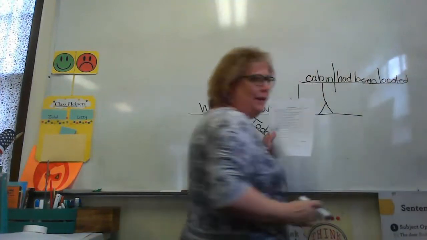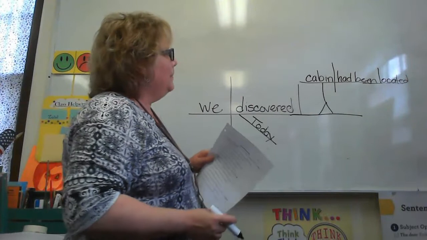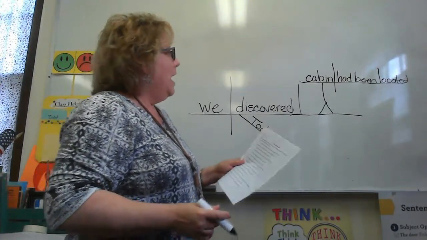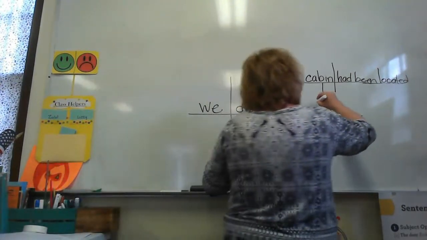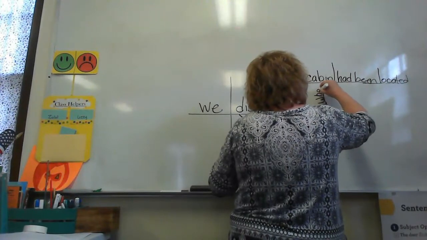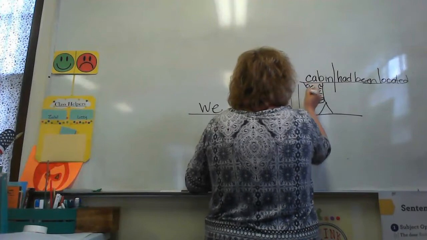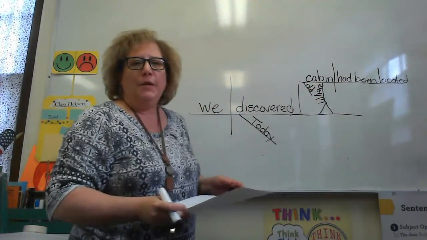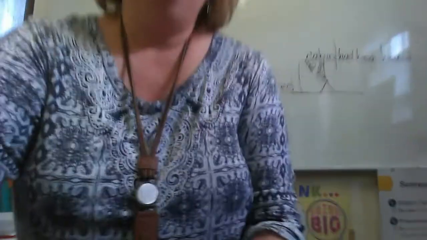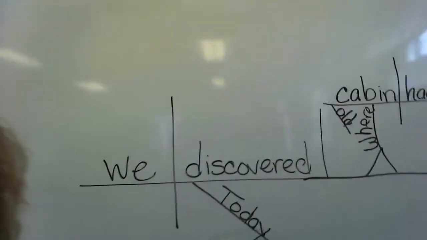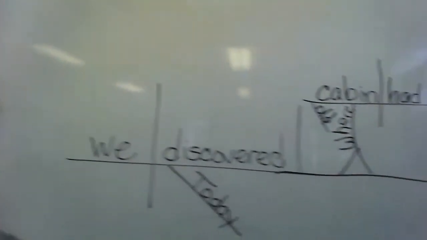Hopefully the whole thing shows, yeah, I think it does. Had been located, and the word where is going to go down here, and old is going to go right there. Let me move it up a little closer so you can actually see that a little bit better.